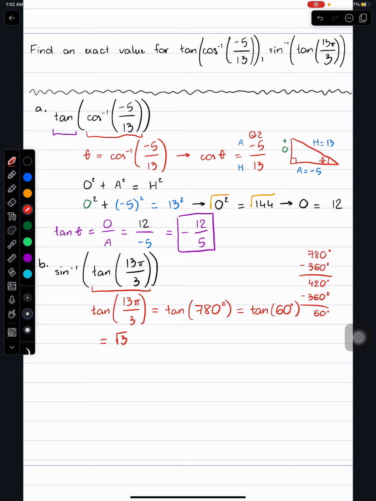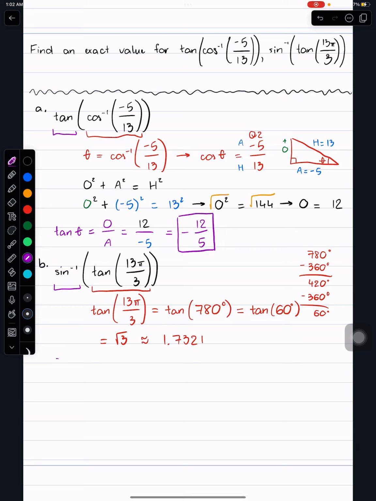So this is the inside function. Or you can get an approximation of it, which would be equal to 1.7321 for rounding off.